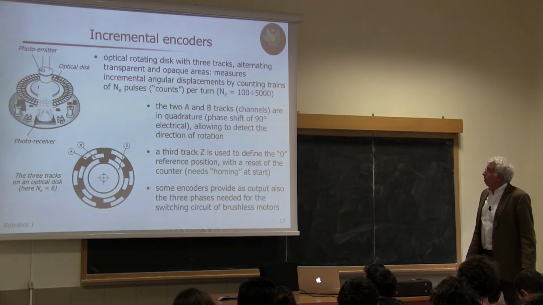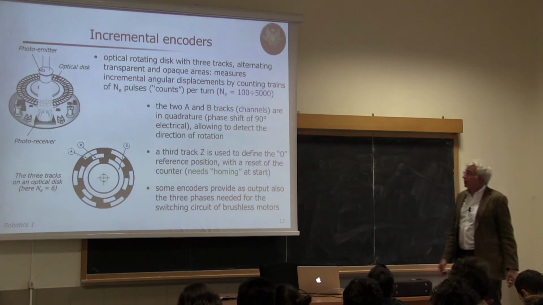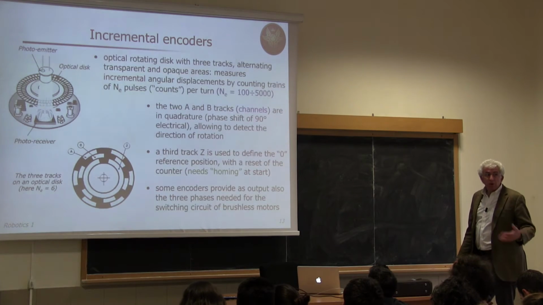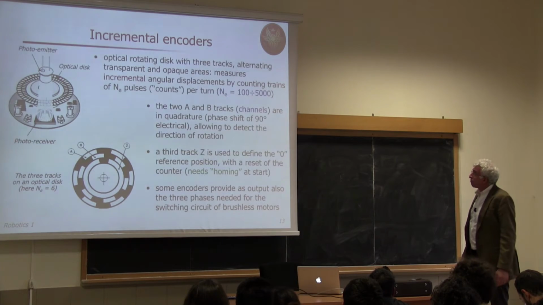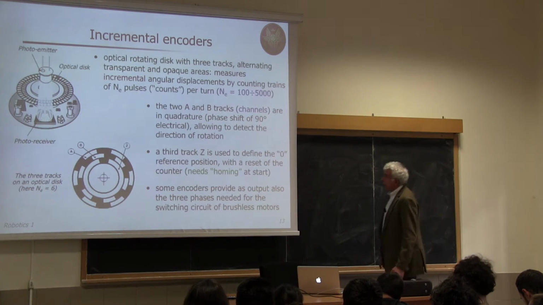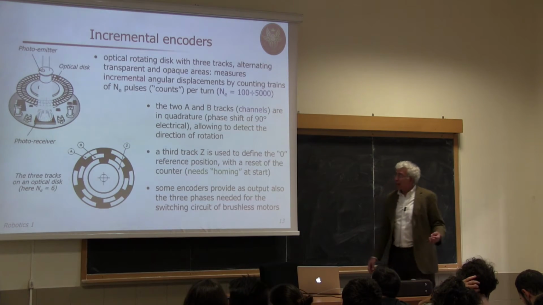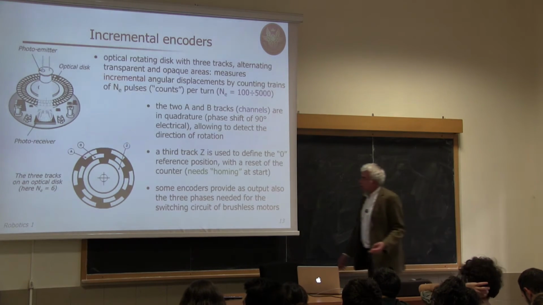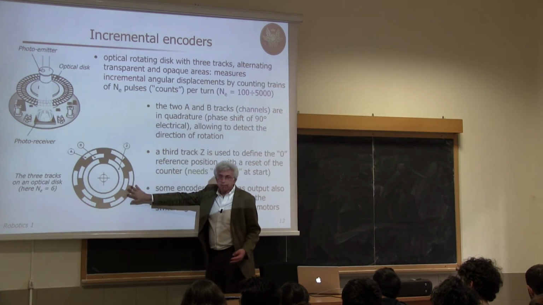They have only 3 tracks, not a certain number of tracks, and the more, the better the resolution, like for absolute encoders. And actually there are 2 similar tracks called channel A and channel B. You can see here these external rings.